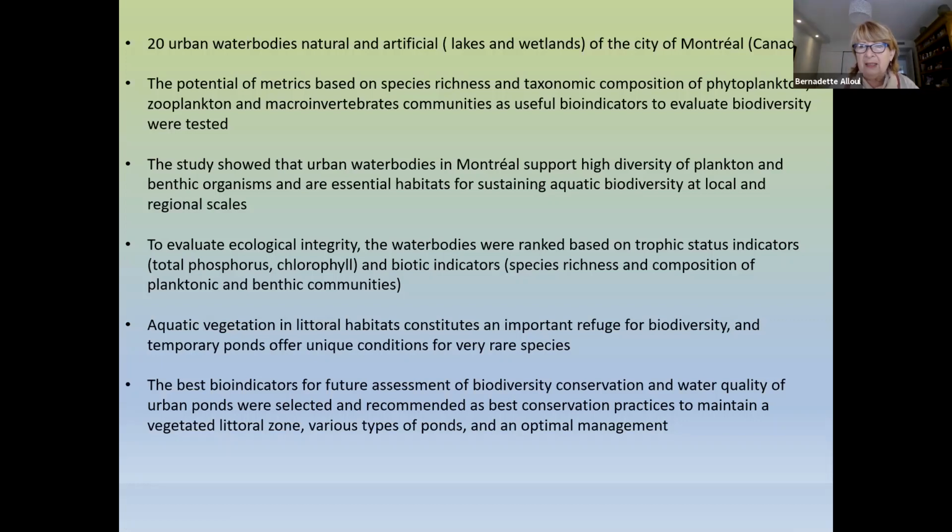But I can say that some of the species I found in the temporary little water bodies in parks, I never found in natural lakes, like Scapholeberis and Cymocephalus, because probably they could exist in natural lakes, but in the vegetated area or in the littoral zone that I did not sample for the big survey.